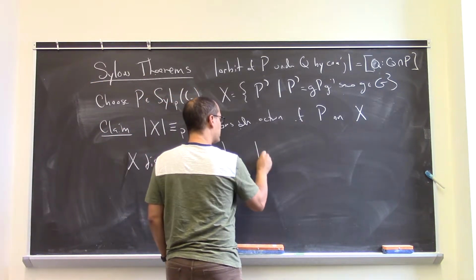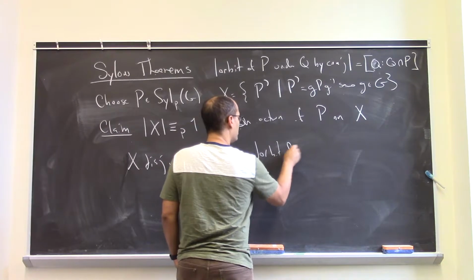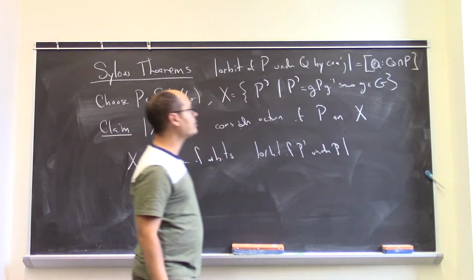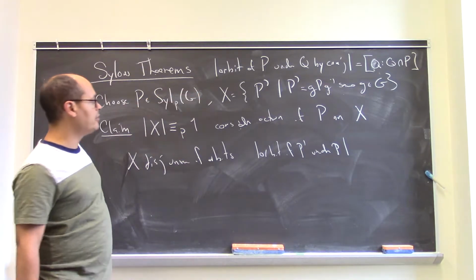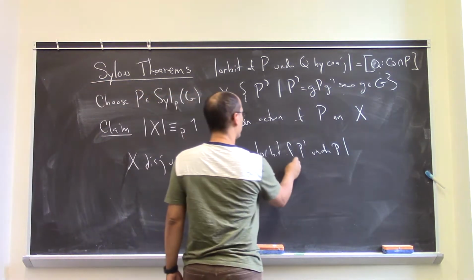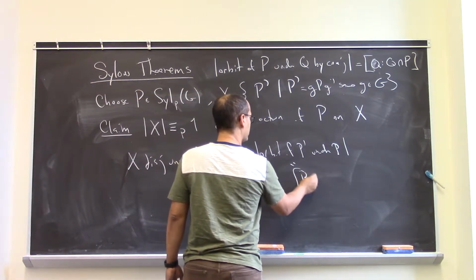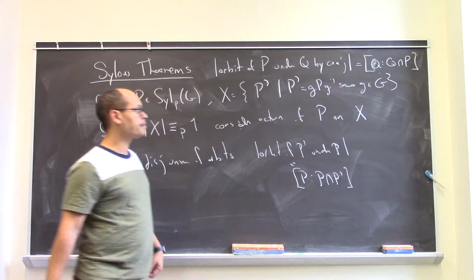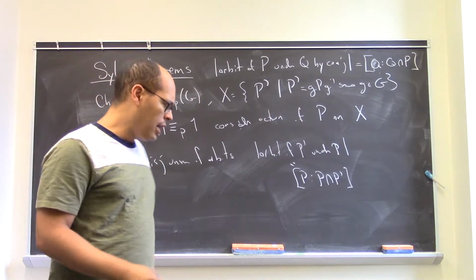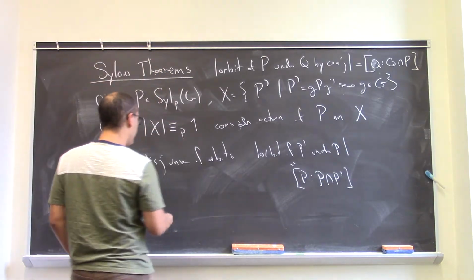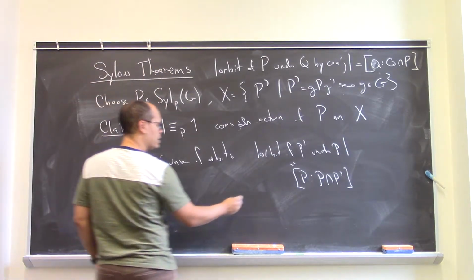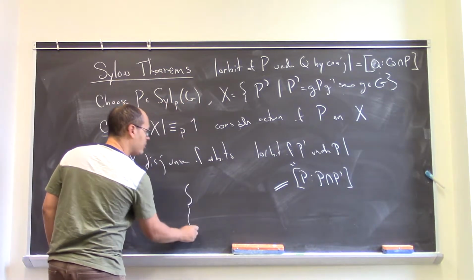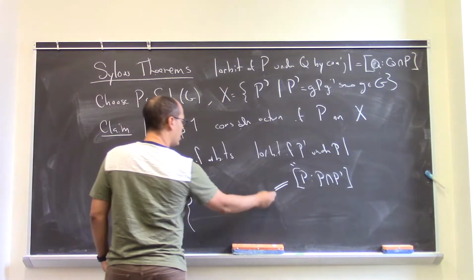So, what is the size of the orbit of P prime under P by conjugation? Well, we'll use this fact up here, and it tells us that we can calculate this as the index in P of P intersect P prime. So what do we know? A couple of possibilities.